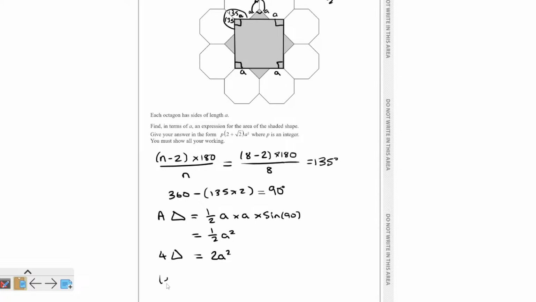So for the length, use your cosine rule formula. The length squared is B squared plus C squared, which in this case is the A's. So A squared plus A squared minus 2BC cos of the angle, which again is 2 times A times A, cos of 90.